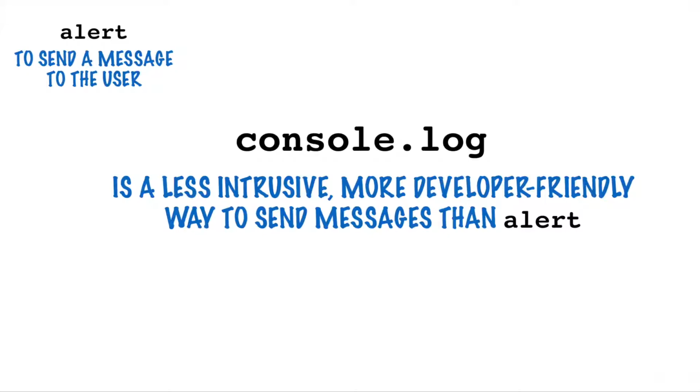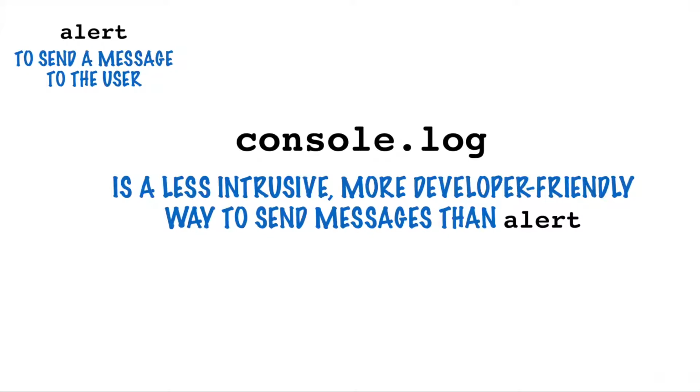Alert breaks the flow of your program. The alert doesn't go away unless you click dismiss or cancel or OK. It's annoying to say the least. What we really want is a way to print messages without us interfering, without it asking for our input, and that is console.log.